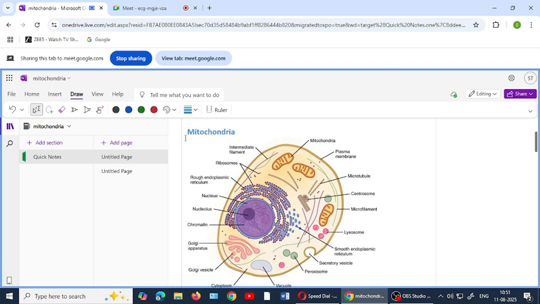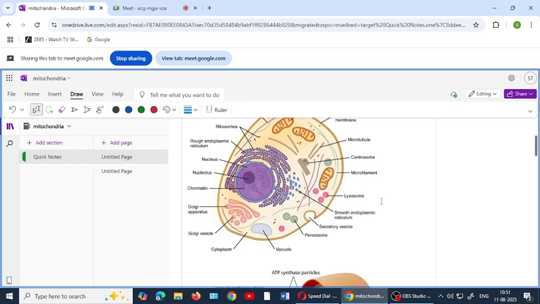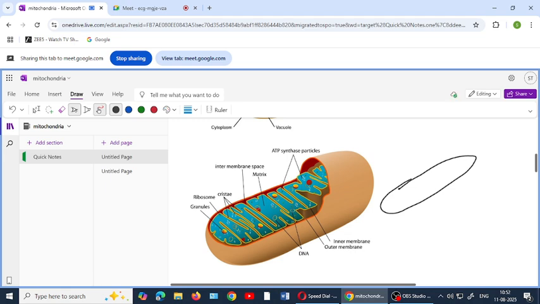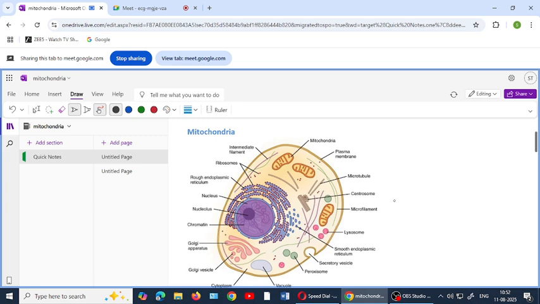Yes, that yellowish one is mitochondria, and you can see the structure also. What kind of a structure is that? It's an elongated structure, almost like a sausage. Okay, so do you know the other name of mitochondria?